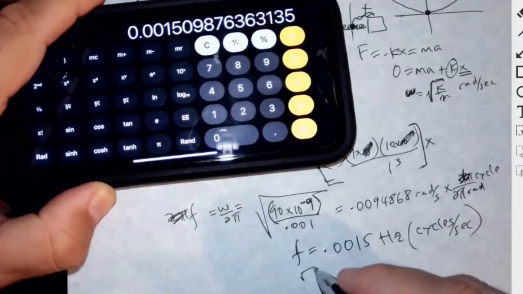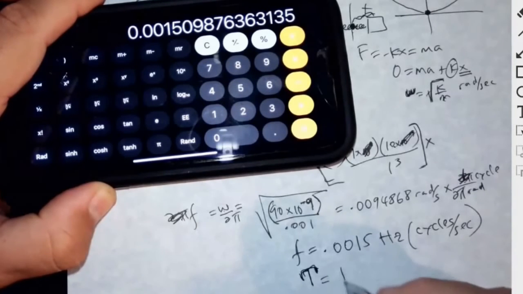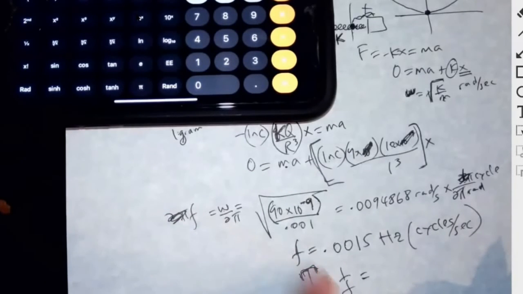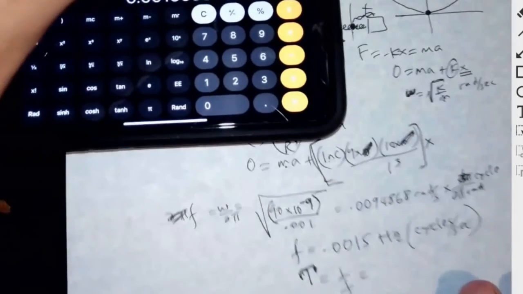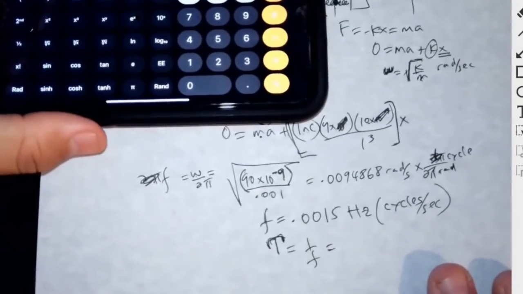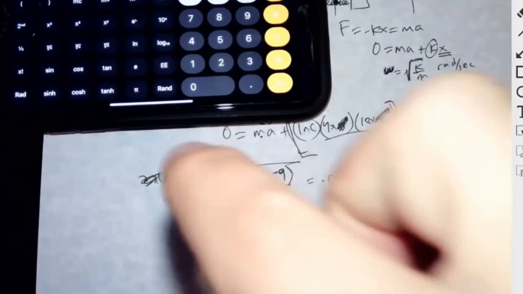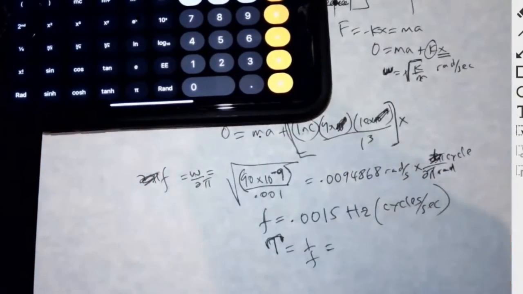And then we invert that, we get the period, 1 over f. It's important that you guys start understanding this, because we're going to come back to this later when we get to magnetism and when we get to AC circuits. Way at the end of the semester, you have to know frequency, period, and omega.